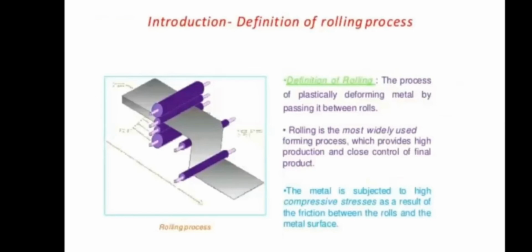Next you see the definition of rolling. Another diagram you see. So the production of sheet metal is given in the diagram. So here you use a set of rollers. Okay. In the top you will be having a two roller setup. In the bottom also you will be having a two roller setup so that force applied on the material will be high.